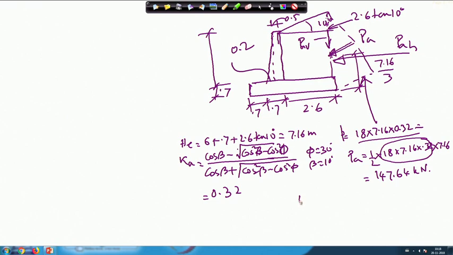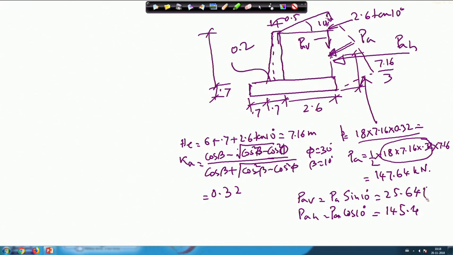P A V will be P A sin 10 degrees, and P A H equal to P A cos 10 degrees. So, this will be 25.64 and this will be 145.4. These are all kilonewton. So, this is actually the earth pressure calculation.